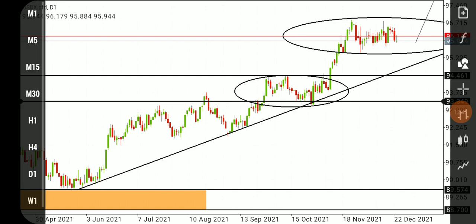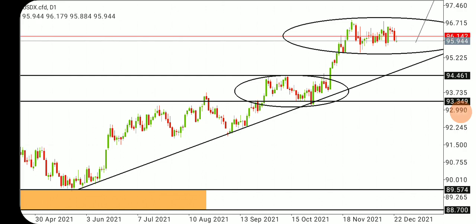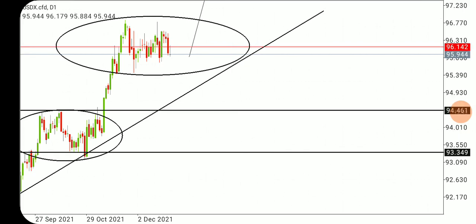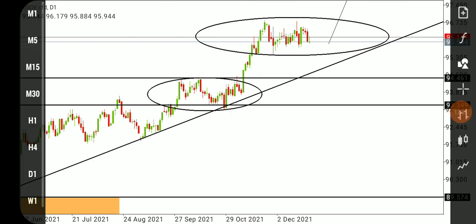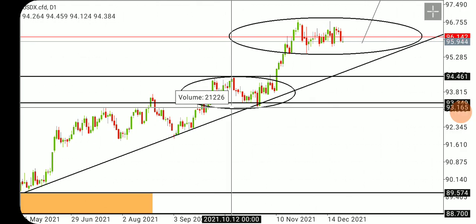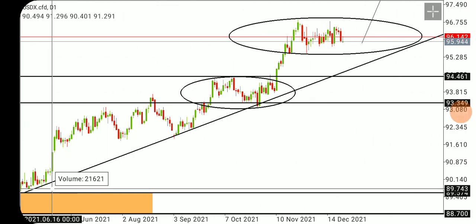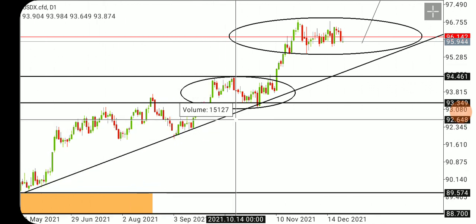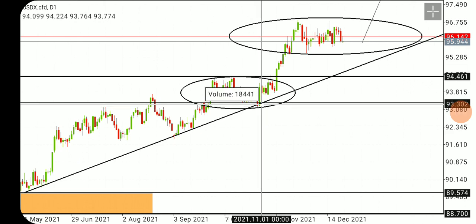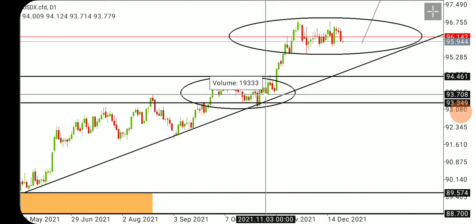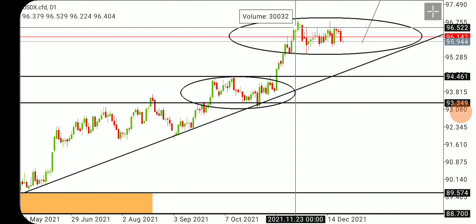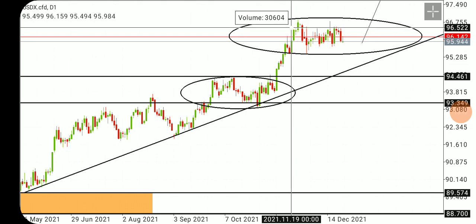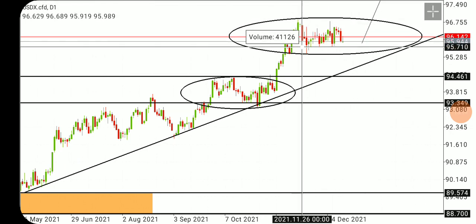From this bottom right there, from this point right here. It bounced, it came all the way up there and then bounced. Broke the neckline. Bounced, and now it moved. It made an impulse all the way up, and then now it is on a recessment. This is a recessment or retracement.